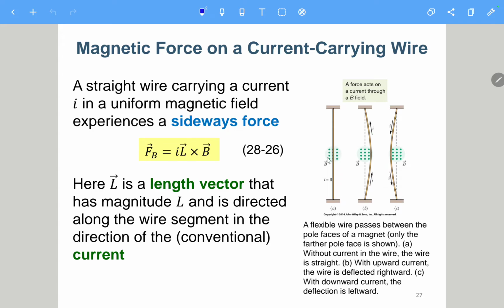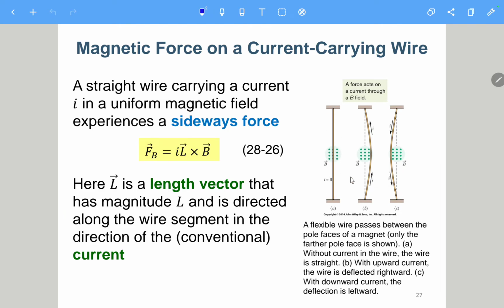I will consider it is in the whole space, because you need to consider the length of the wire. So there is a B field in the whole space, and it is perpendicular to the wire.